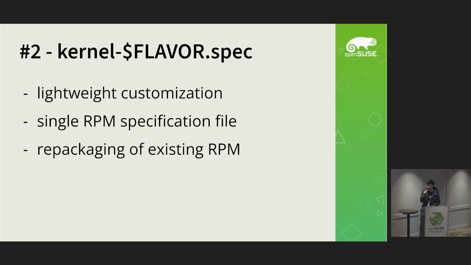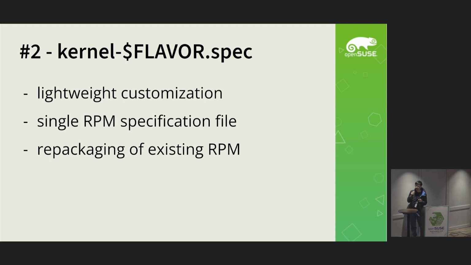Now, the next method is a more lightweight method. Instead of having all the patches and config, you just have a single RPM specification file, just one file. What that file does is just repackage the existing RPM.